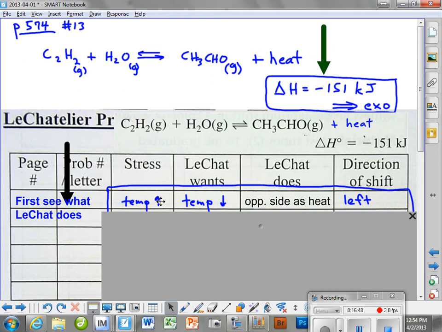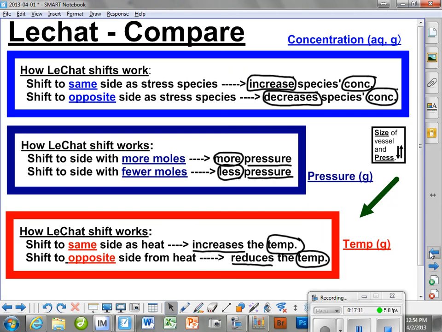And now, as you can see here, when we stress the system with raising the temperature, Le Chat wants to decrease the temperature. And for Le Chat to decrease the temperature, he has to move to the opposite side as the heat. And let's go back and look at that in this little guy with temperature. See, if Le Chat wants to increase the temperature, he's got to go to the same side.